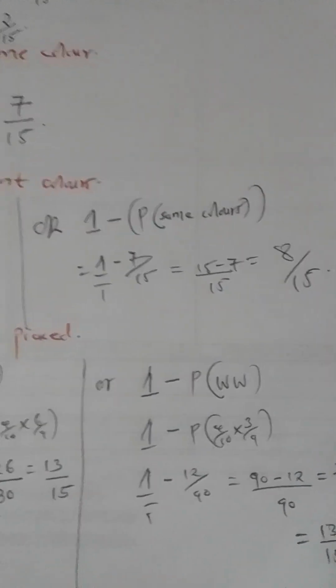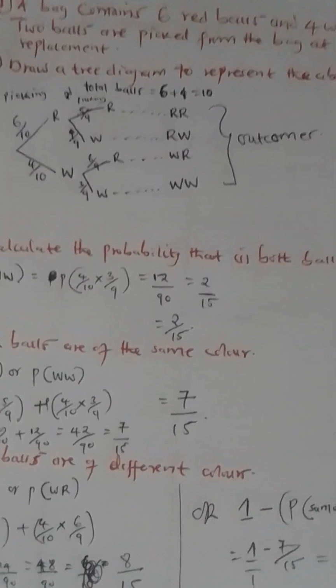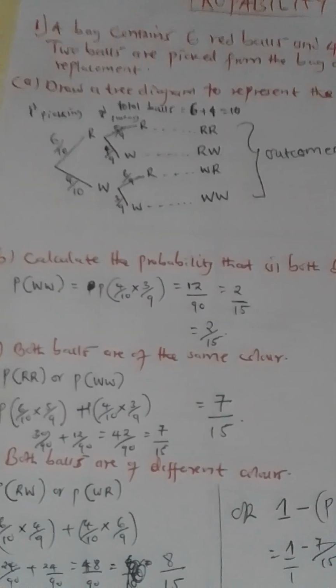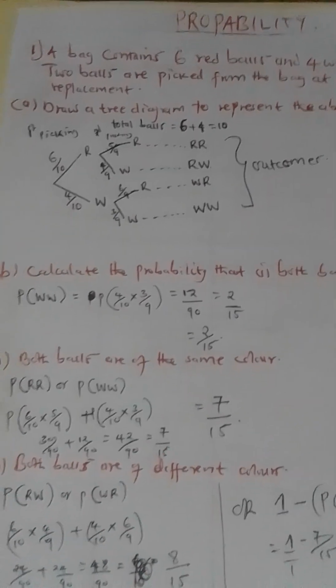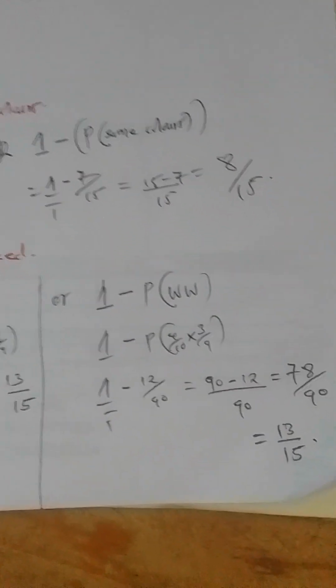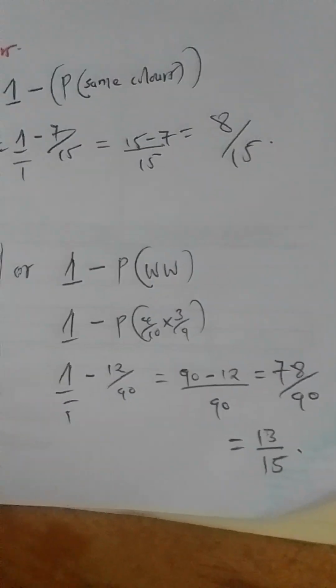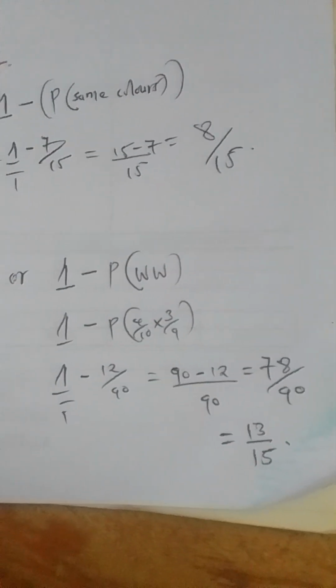Or we can also find the probability of white white. Then we take the maximum probability, that is 1 minus the probability of white white, then we get the rest. Therefore, we can also get that probability by 1 minus the probability of white white.